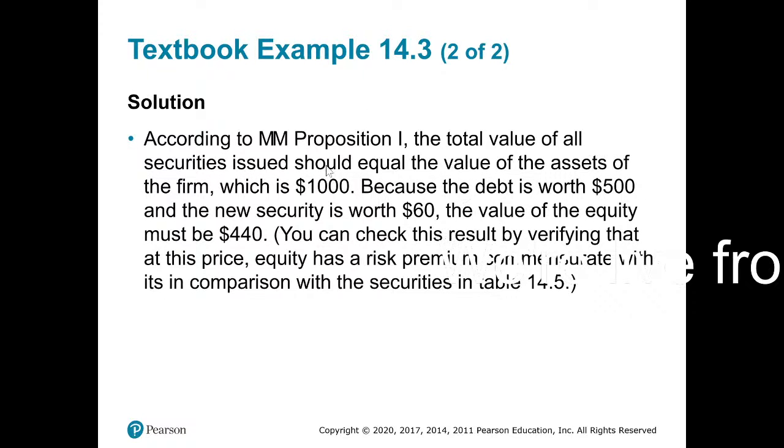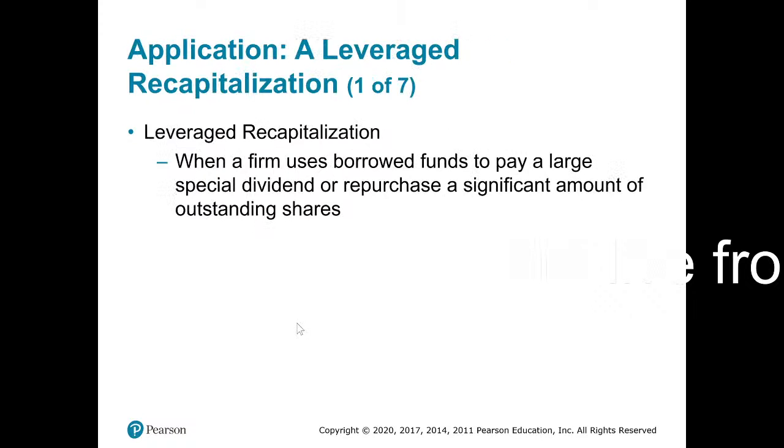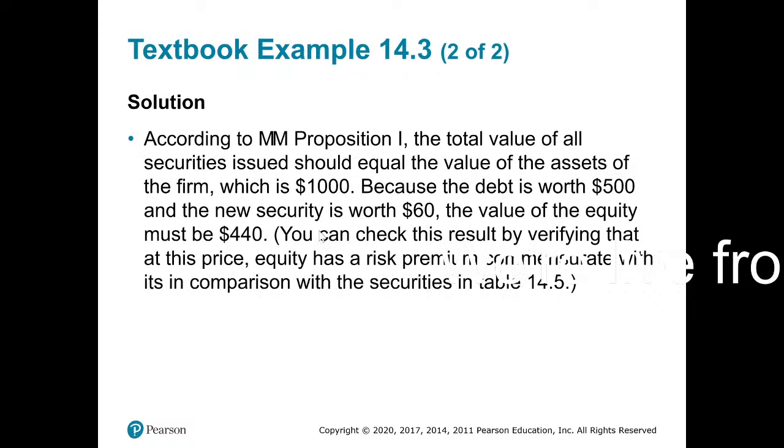So if the total value is 1,000, the debt is 500, and that warrant is 60, and it is subtracted, 560 from 1,000, you get 440. So law of one price.